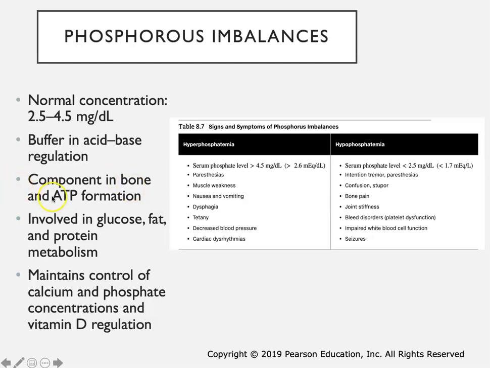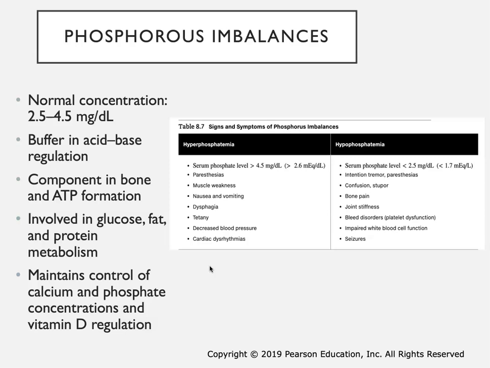So adenosine triphosphate has a phosphate group on it. So it has to be around in order to synthesize ATP. ATP is the energy source or energy currency of the cell, okay? It's also involved in glucose, fat, and protein metabolism, okay? Says here, maintains control of calcium and phosphate concentrations and vitamin D regulation, okay? So super important in maintaining calcium levels, right? And again, in interacting with vitamin D.